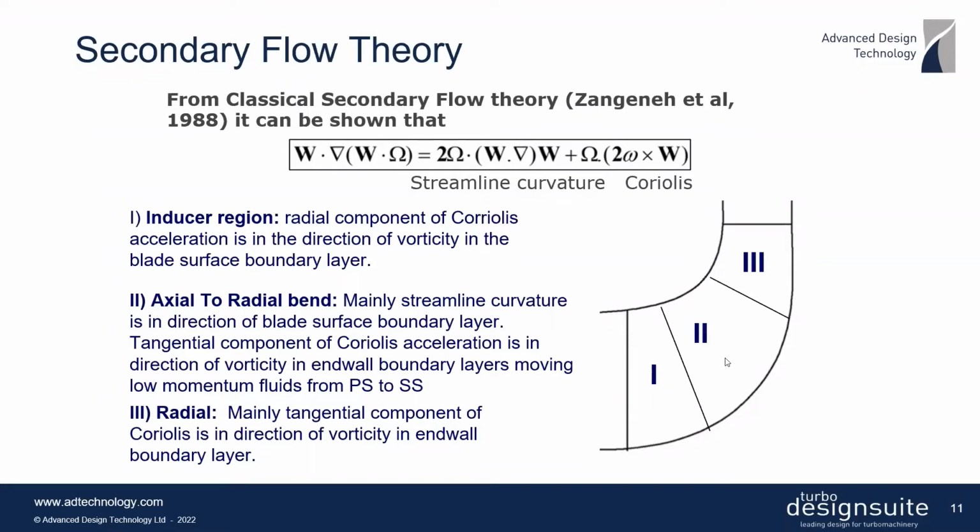And in fact, this component will actually result in secondary flows on the hub from the pressure to the suction surface. And then these finally get moved up along the suction surface and then are dumped near the trailing edge. And so what this equation shows is that in section 2, you can get very complex secondary flow patterns moving the low momentum fluids both at the end walls and the blade surfaces, and then moving all these losses to the tip trailing edge plane.